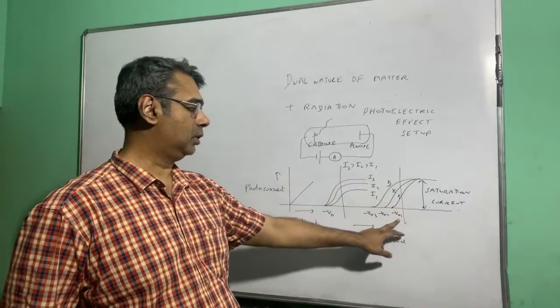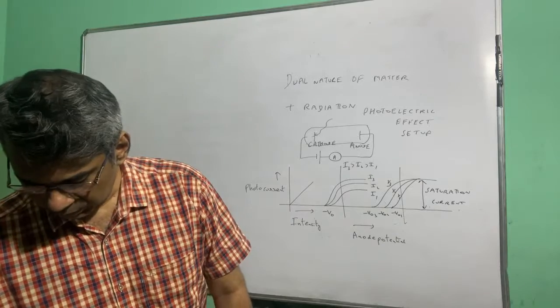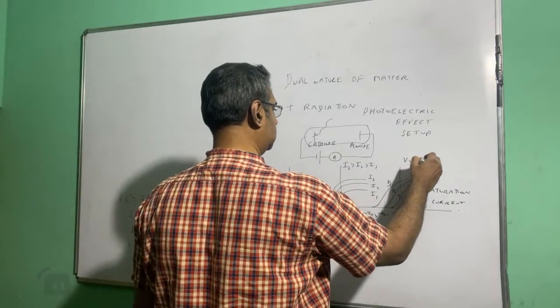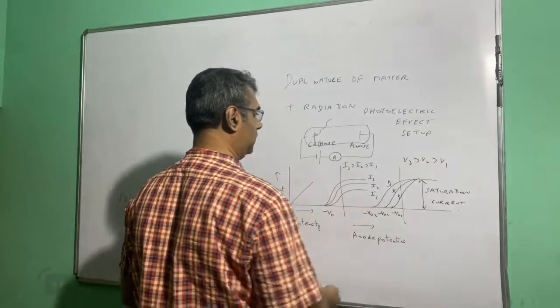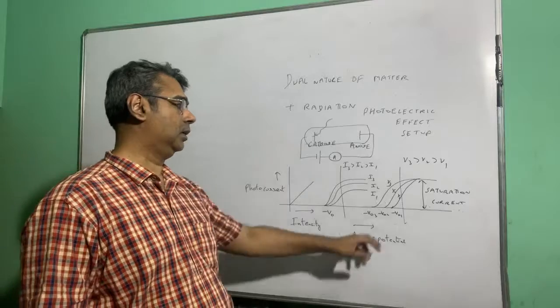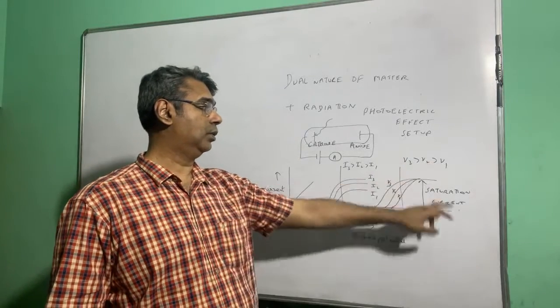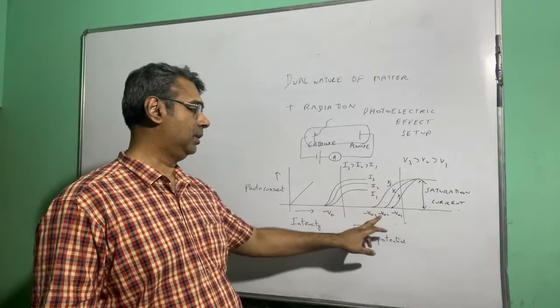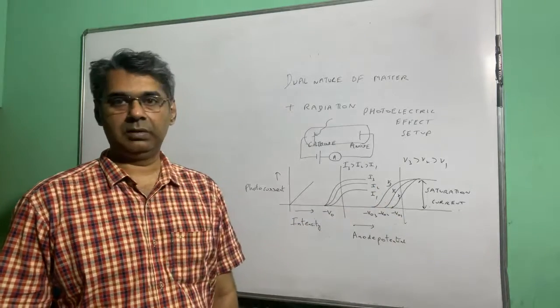If the frequency is low, the stopping potential will be low. This is the comparison of frequency nu3, nu2 and nu1.